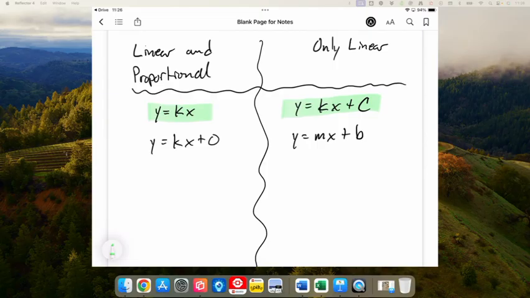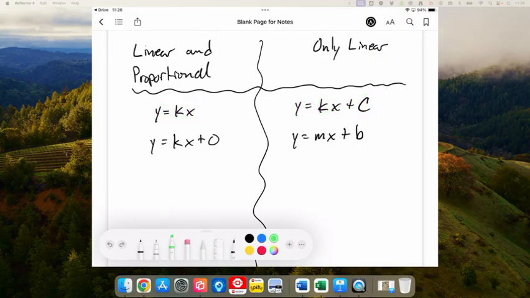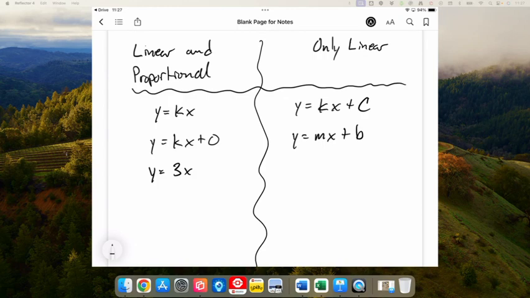And what that means is there's a relationship between y and x, and that value k would have been some kind of number, like y = 3x. That would be an example of an equation that follows the rule y = kx.